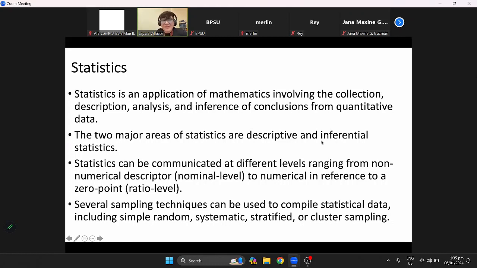Pag sinabi nating inferential statistic, from the word itself, you have conclusion, you have a judgment, or you have a particular decision. Okay, now when we talk about inferential statistics, this is the time that we're able to judge variables, or have a decision out of our variables. Di ba? Na-discuss na natin yan. Pwedeng there's no significant difference or significant relationship. Okay?